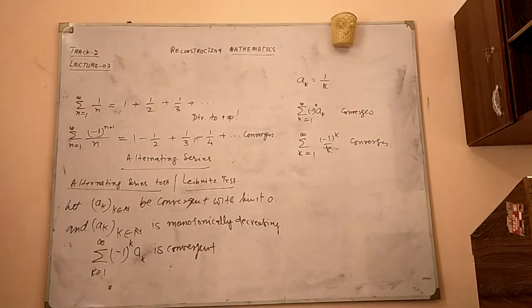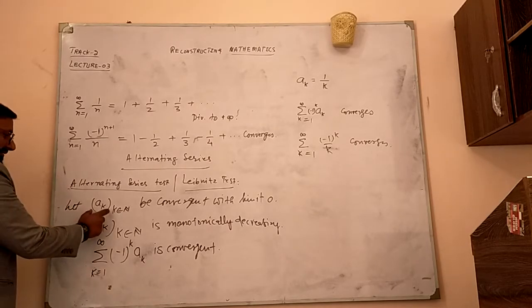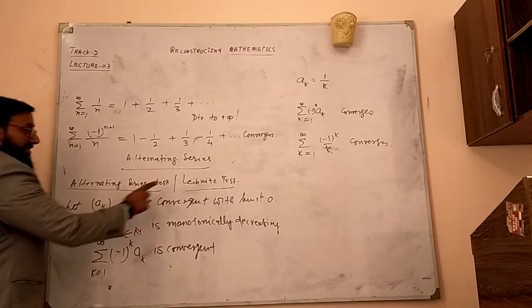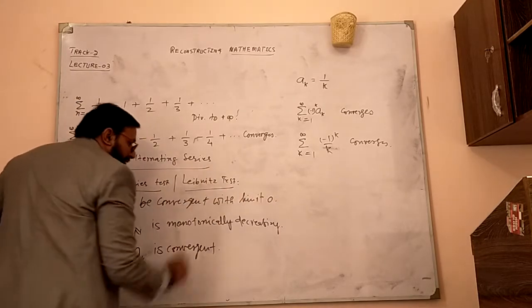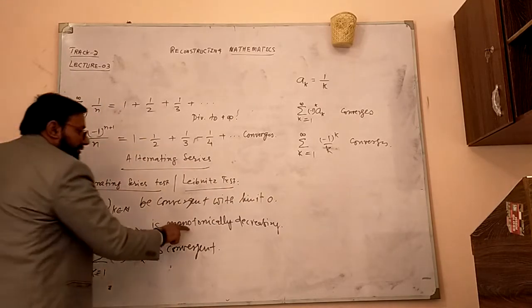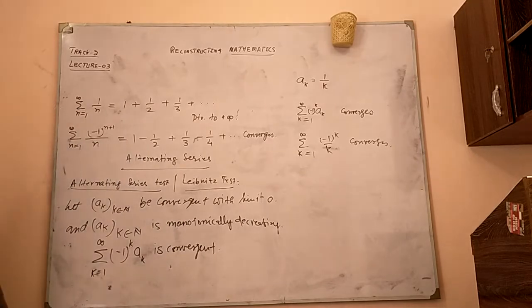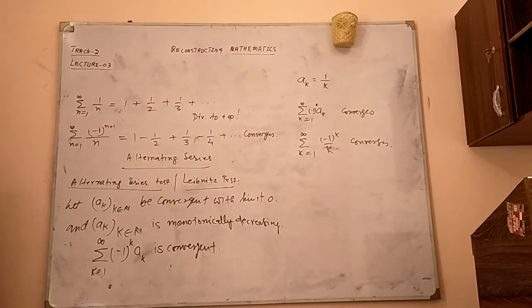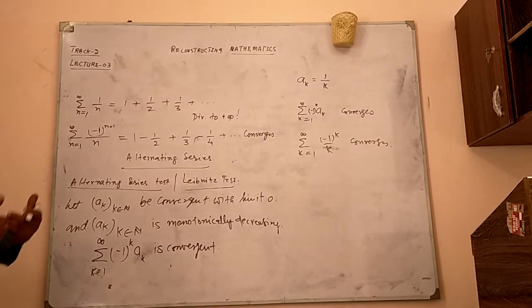So the harmonic series, I don't know whether it will converge or not, but if I alternate the terms with positive and negative, this will always converge with this test. And the test said that if you take the sequence, the limit must be 0 and it should be monotonically decreasing, not increasing. You know very well 1 over k is monotonically decreasing: 1, 1 over 2 and so on.